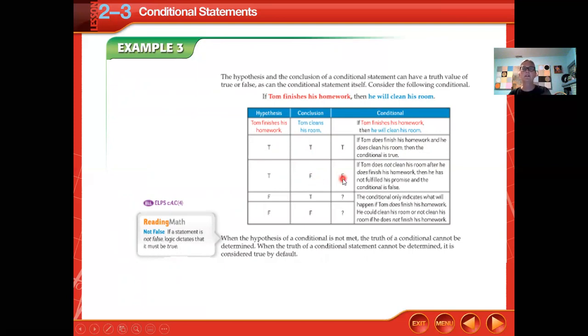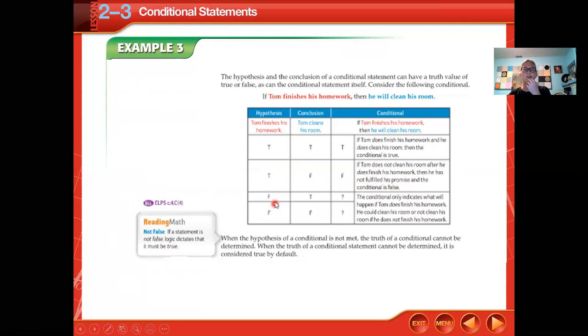That means the whole conditional itself is false. If P is true, Tom does finish his homework, and Q is false, Tom does not clean his room after he does finish his homework, then he has not fulfilled his promise, and so the whole conditional itself is false. Those are logical, they make sense.